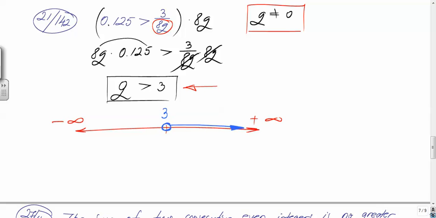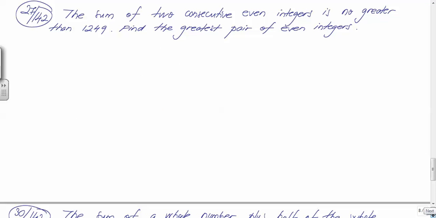Great, let's do another problem. The sum of two consecutive even integers. Now this is a similar problem with the previous one, but there is one thing that we did not have in the previous one. It's talking about even integers, right? Is no greater than 1249.